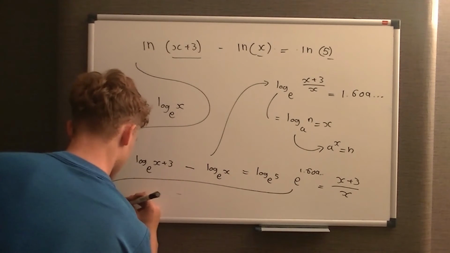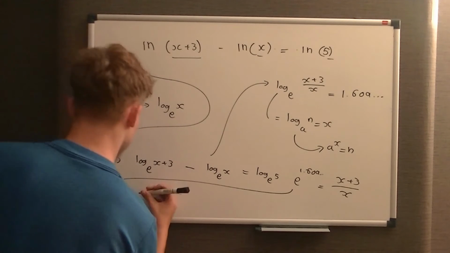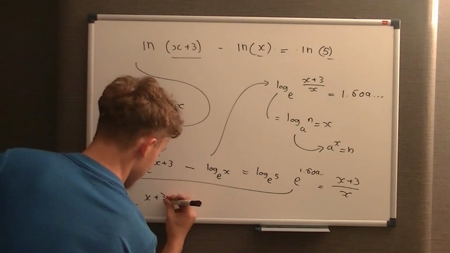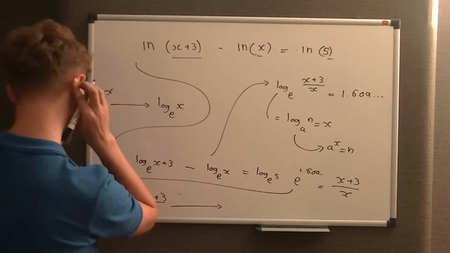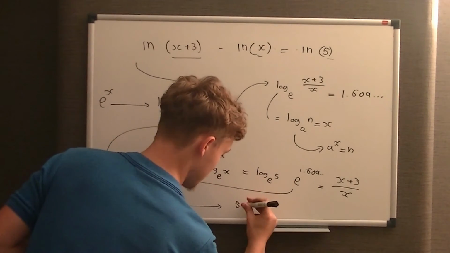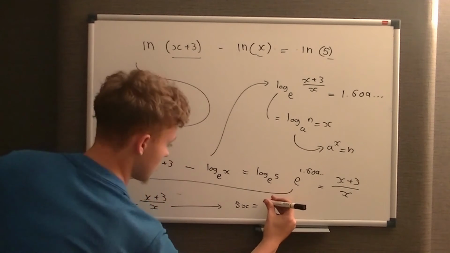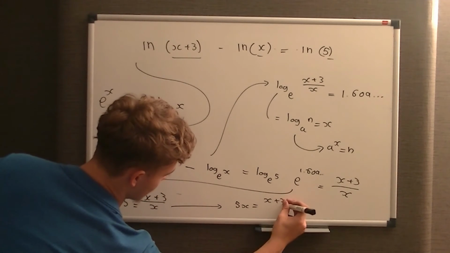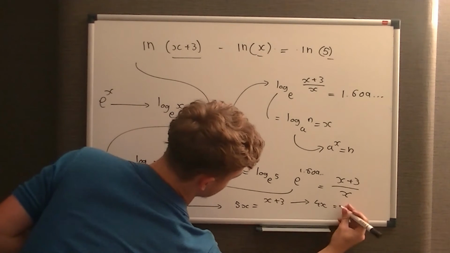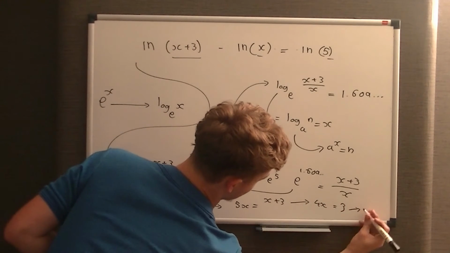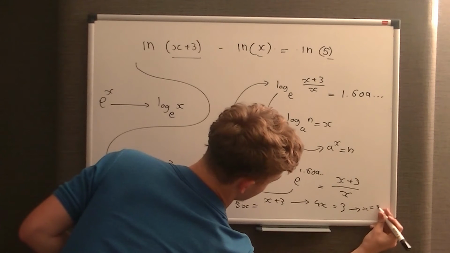That gets us 5. So 5 equals x plus 3 over x. And we times both sides by x, so 5x equals x plus 3. So 4x equals 3. Therefore x equals 3 over 4.